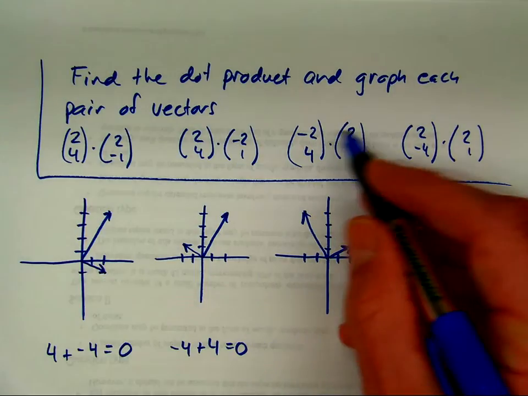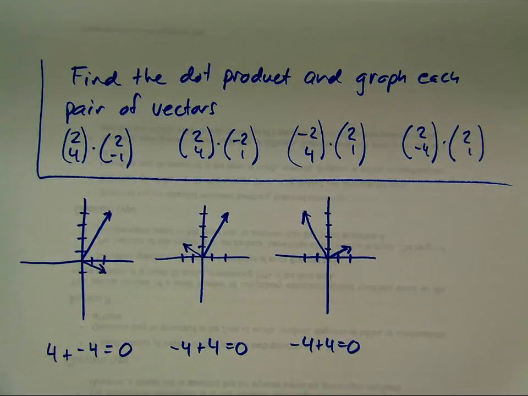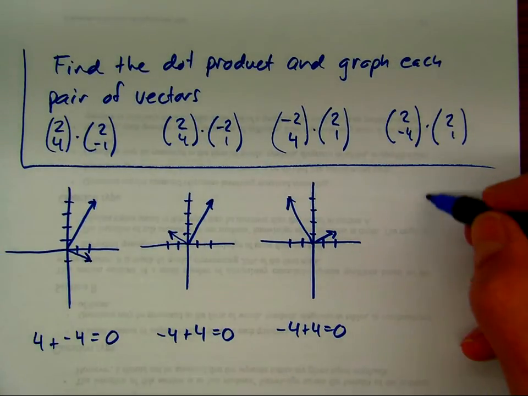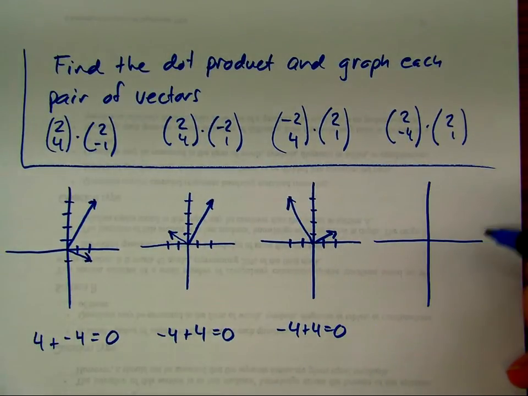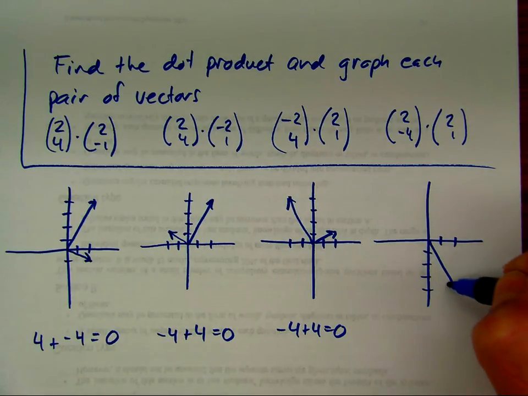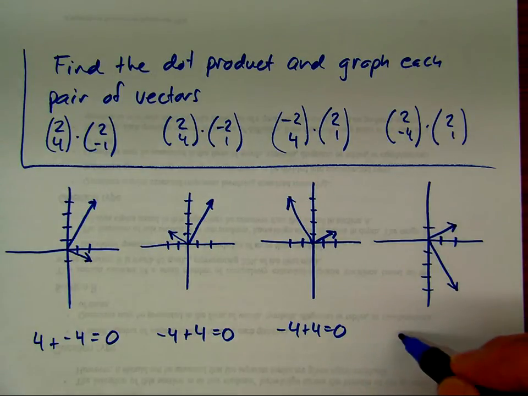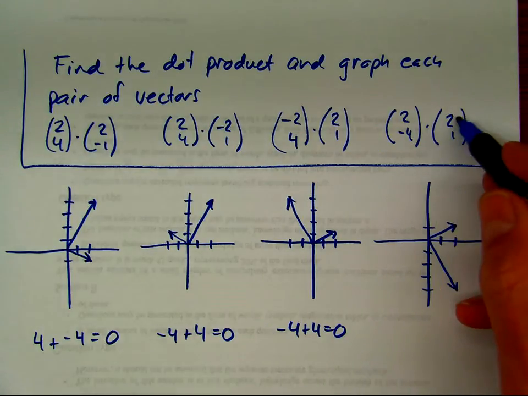And if we do the dot product, we have negative 4 plus 4. And here we're going to have 4 plus negative 4.